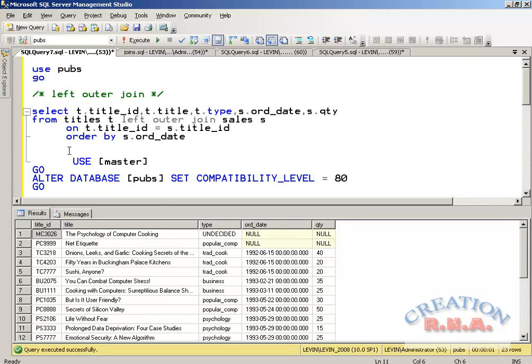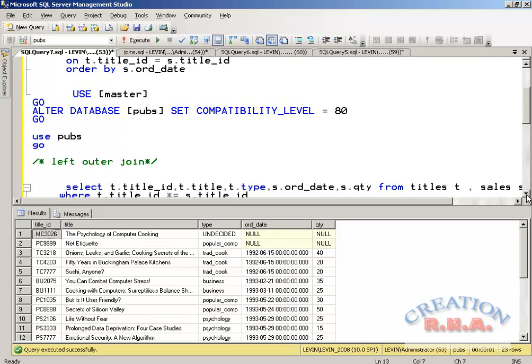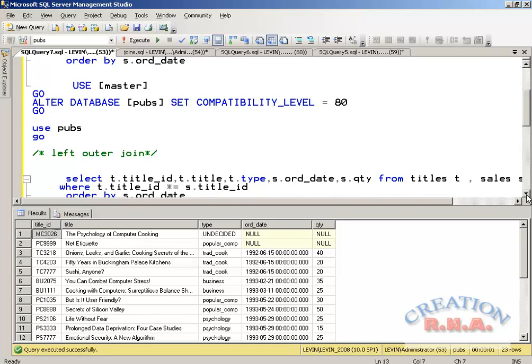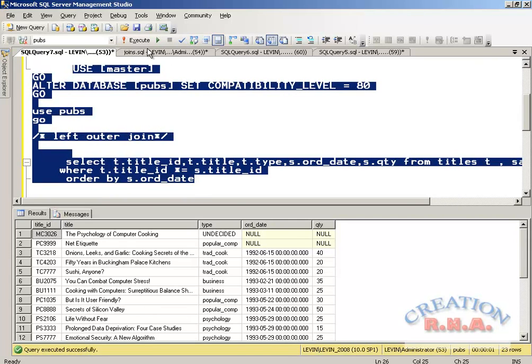But if you want to use the older syntax, you cannot use it until you change the database compatibility to 80, that's SQL Server 2000. I am going to change the compatibility to 80 so that we can also use the older syntax. This is how the older syntax was used.